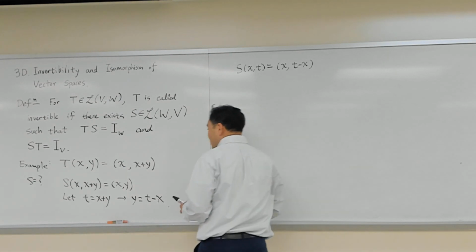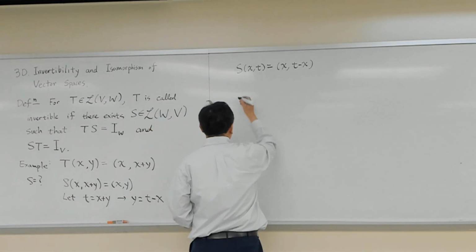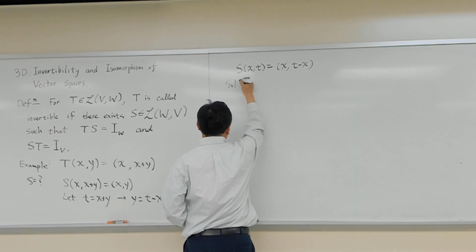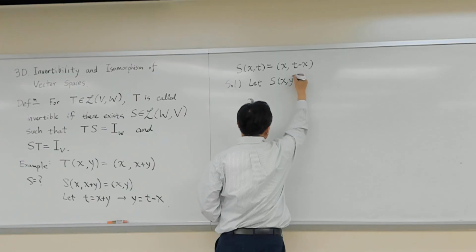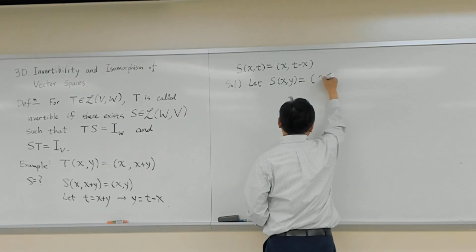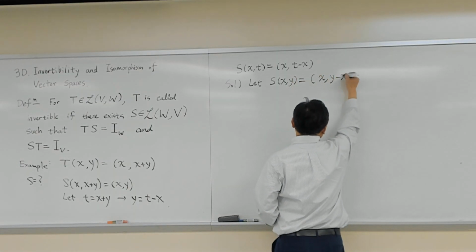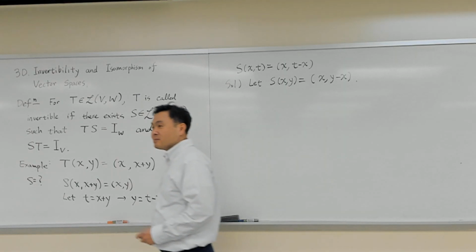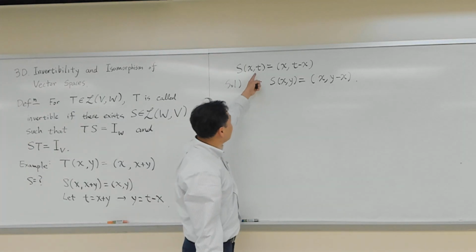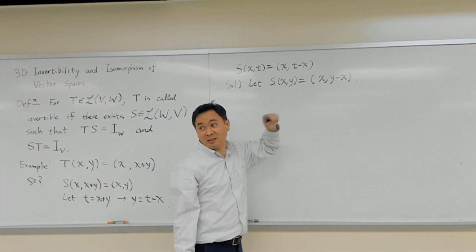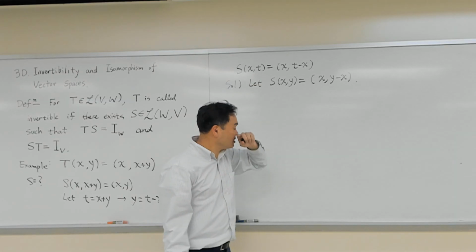Okay. So that was our thinking phase. So the solution would be, let S of (x, y) equal (x, y minus x). Okay, and do you see that instead of using t, I went back to y? So I just replaced t by y.